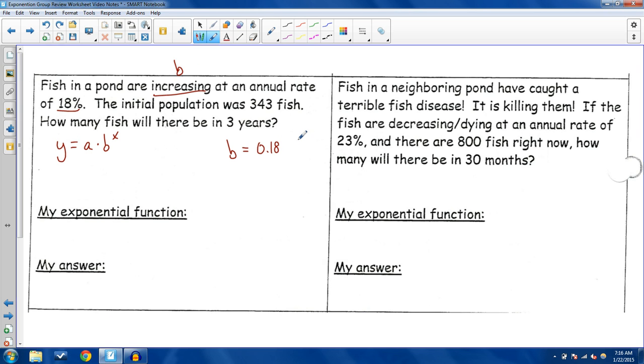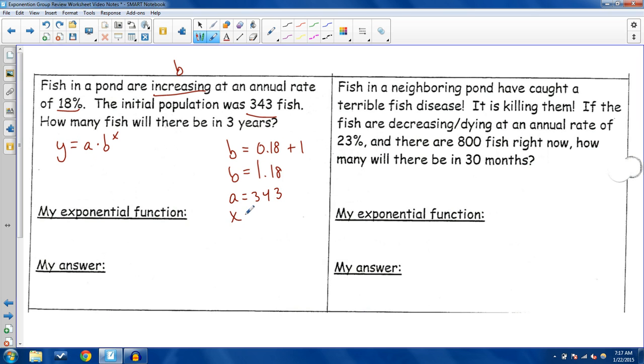You want to be 18% more than what you had before. So what you can do is take 18% of 100% of what you had and then add to that. A better way to do that is just take 118% of what you had. So, B is 1.18. The initial population, A, was 343.